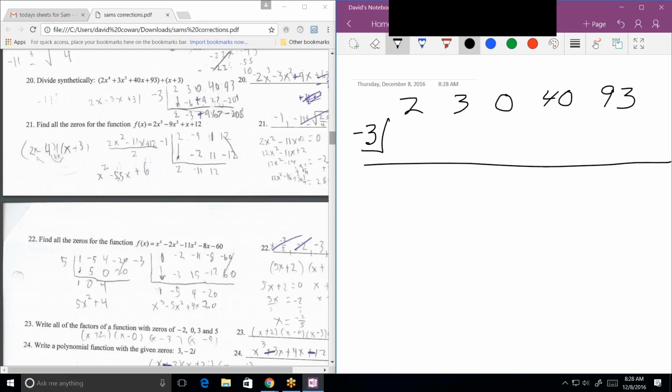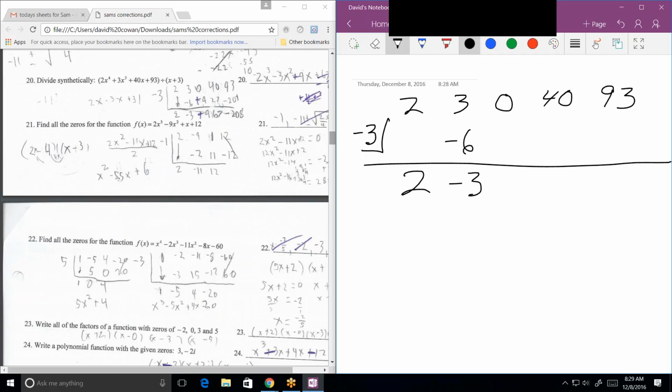Now, synthetic division is an additive process. That's the beauty of it. Okay, so go through this with me. What goes here? 2. What goes here? -6. Here? 3. Adding, you're adding these two numbers.